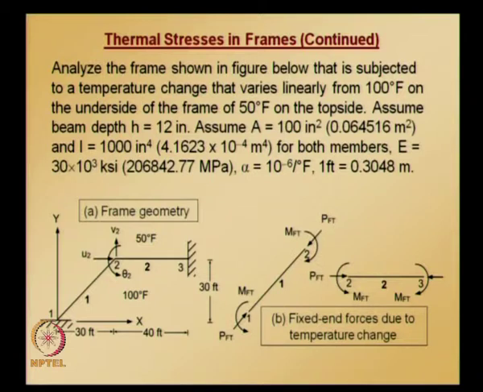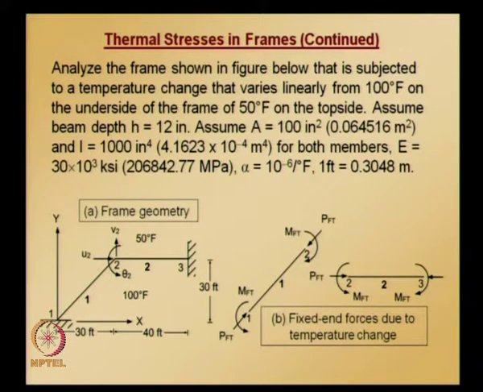The overall temperature change is a rise, so the axial forces will be in the same direction as we have seen in the concept, but the fixed end bending moments will be in the opposite direction, because now the bottom side temperature is higher than the top side temperature. So all the fixed end forces due to this temperature change, the directions in which they will be acting, are shown in figure B.